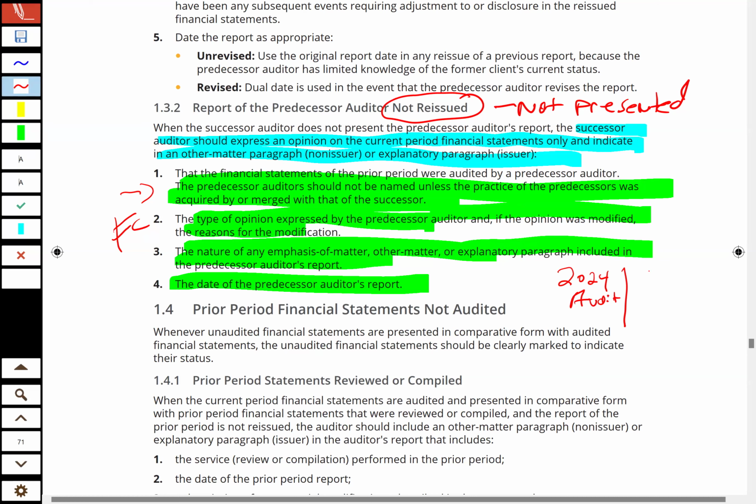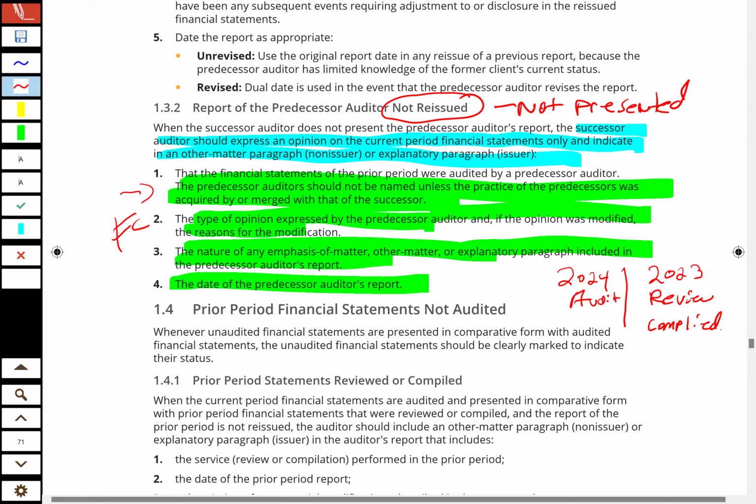And then in 2023, I simply reviewed the statements or I compiled the statements. Now, you look at that and you say, John, what the heck is a review? What the heck is compiled?